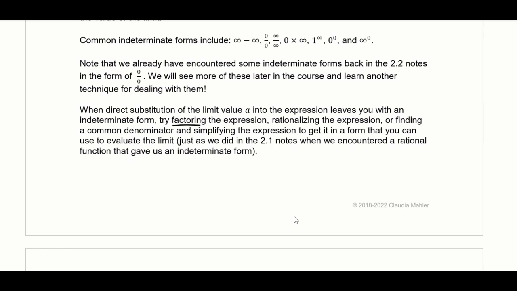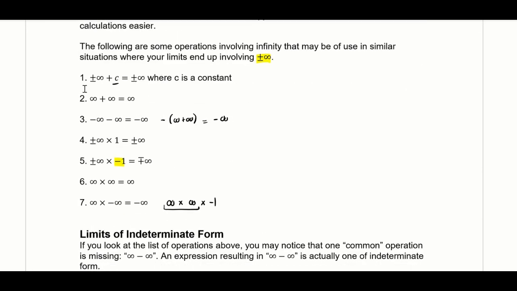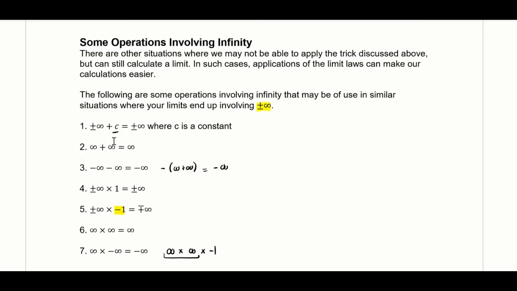We can try factoring, we can try rationalizing, we can find a common denominator, or we could use some of these rules that we just talked about in terms of dealing with infinity, because of course right now we're dealing with this idea of limits at infinity, so we're going to be seeing infinity here a couple times.